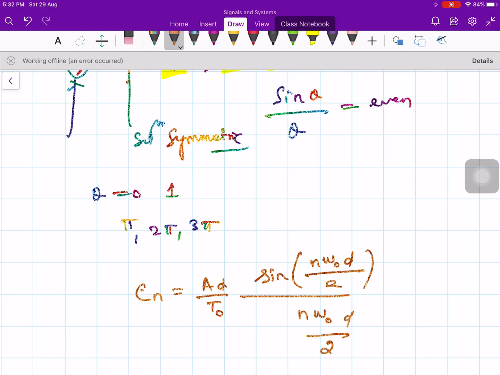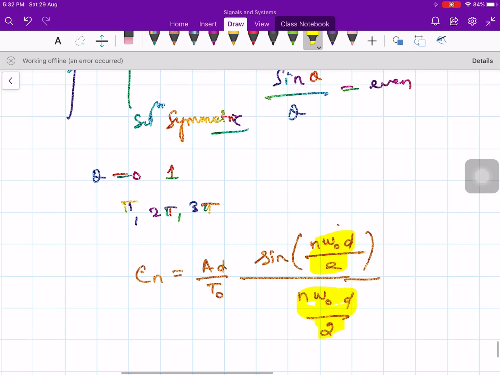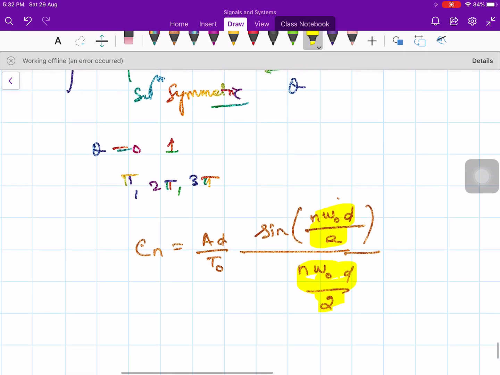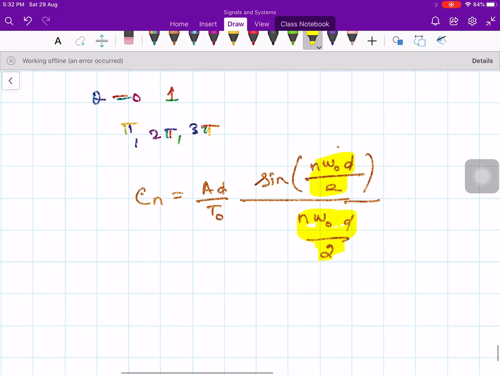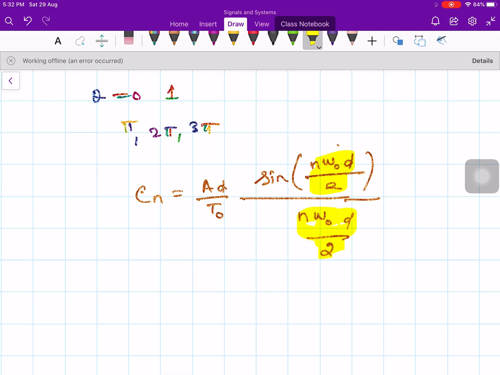It is in the sine theta by theta form. So the whole thing you can consider as a theta, and this also you consider as theta. However, we do not have continuous variation of theta because n times omega naught is changing at discrete points. So we are interested in finding the values at specific values of theta, which are given by the integral values of n. Therefore, the spectrum looks like this.